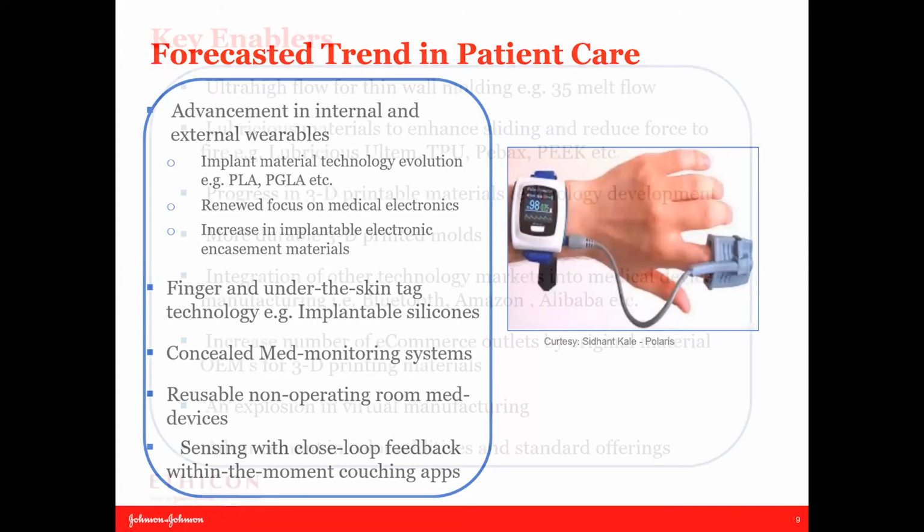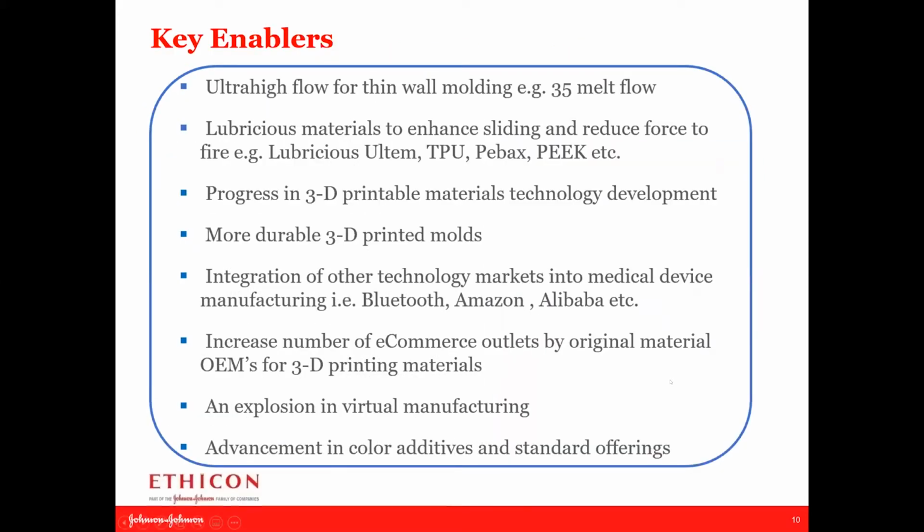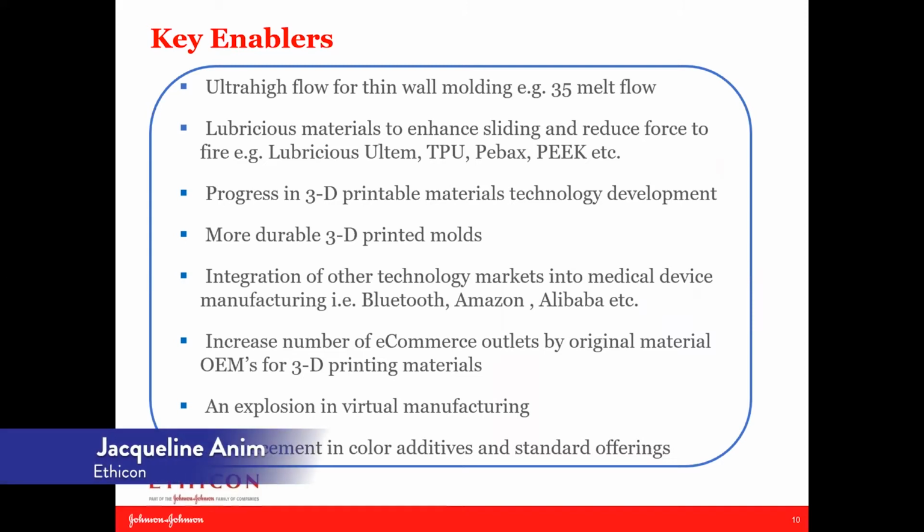Obviously, there were some key enablers, and to point out a few, like advancement in ultra-high melt flow material for thin wall molding: 35 melt, 45 melt, and in fact, there's even 55 melt polypropylene, and I know you know which one I'm referring to.